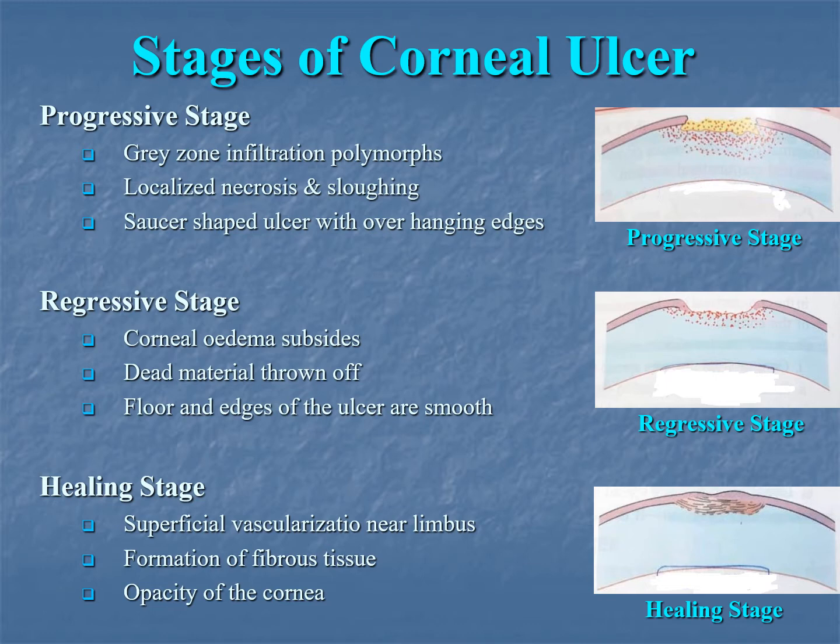In the regressive stage, corneal edema subsides, dead material is thrown off, and the floor and edges of the ulcer are smooth. And in the healing stage, superficial vascularization near the limbus starts, formation of fibrous tissue occurs, and ultimately the cornea becomes opaque, and the opacity may be of different types.